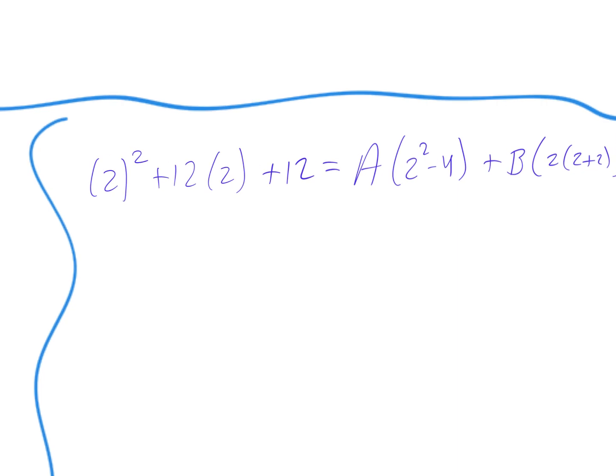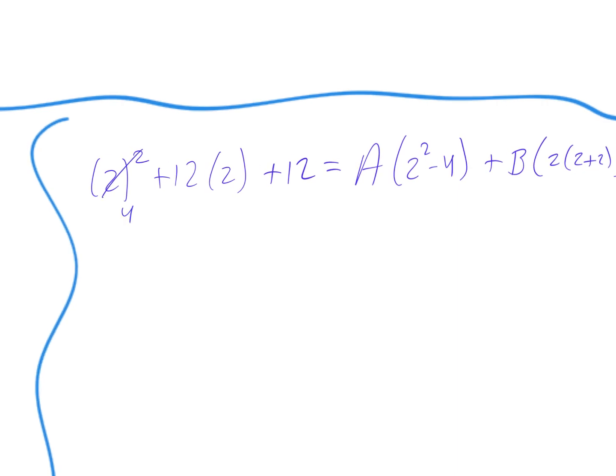Okay, so evaluate the left. 2 squared is 4 plus 12 times 2 is 24 plus 12. What's 4 plus 24? 28 plus 12 gives you 40, okay?